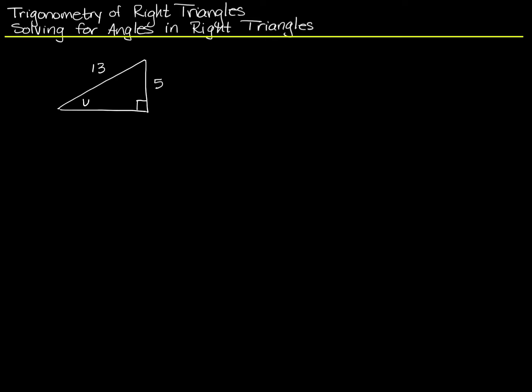What if we know two sides of a right triangle are 5 and 13? Specifically, the hypotenuse is 13. We can still use the idea that the sine of our angle is equal to the opposite over the hypotenuse, but now to figure out what the angle is, I have to use inverse trigonometry, the inverse sine to be specific, in order to figure out what the size of the angle is.